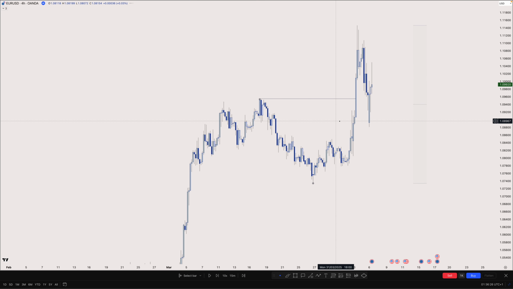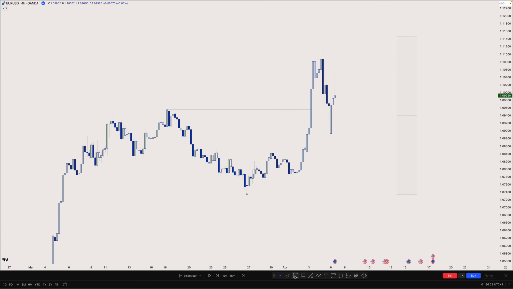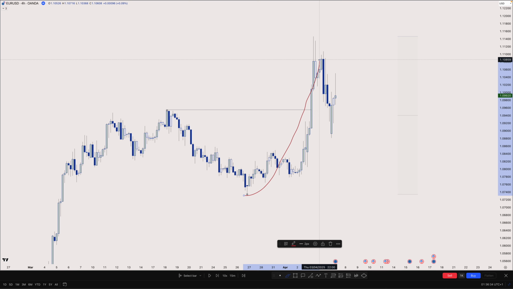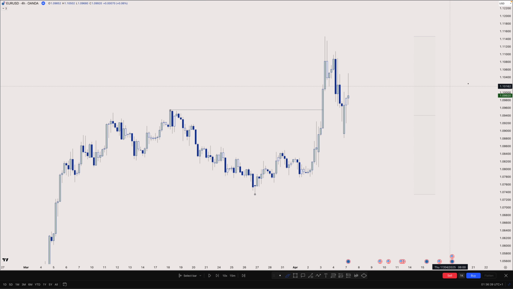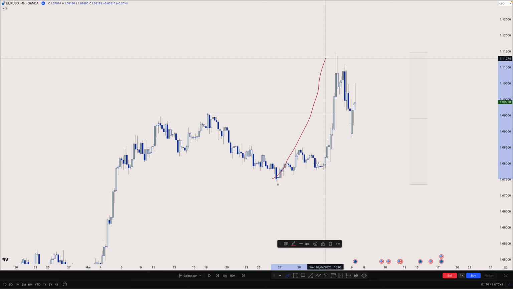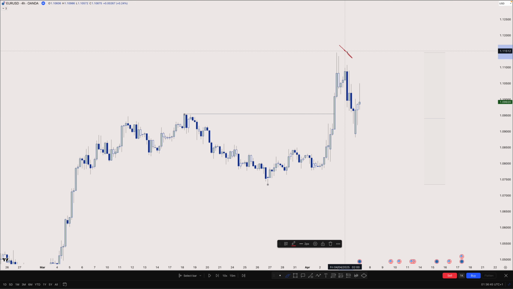From the 4-hour perspective, like always, we know that we are in this daily demand, so we already pulled back into the discount after the breakup structure. The highs were formed very poorly, it's very corrective. Normally it's an impulsive move followed by a correction and then another impulsive move, because now we have perfect equal highs to target.